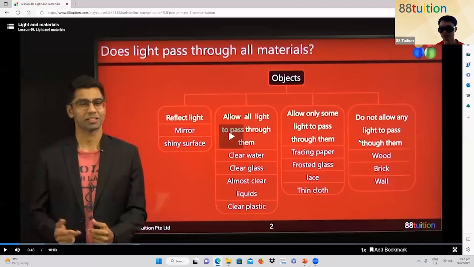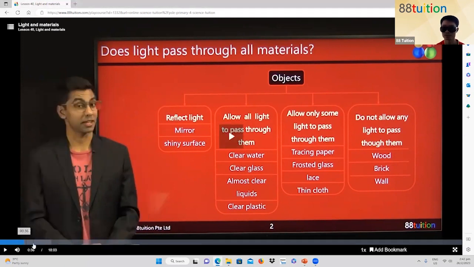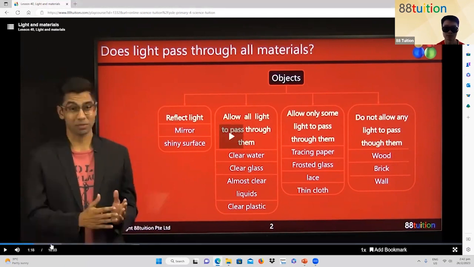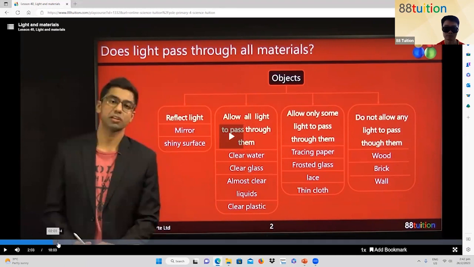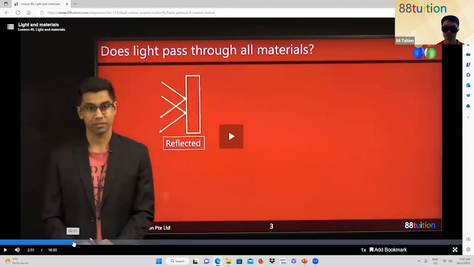So let's look at the next point. These are examples of each group of materials. The next part. Let's look at what happens to the light rays when they are reflected or when they pass through materials.